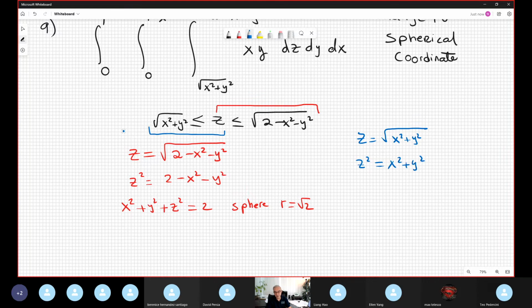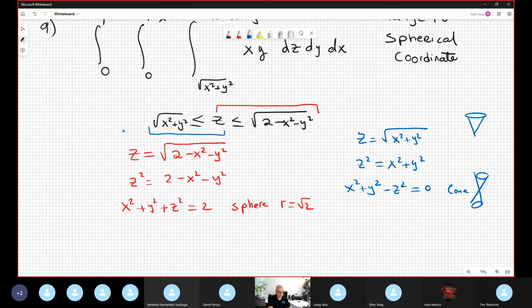You put in standard form, x squared plus y squared at the left hand side minus z squared equals 0. Wow, it's a cone. This is the double cone. However, in my problem, I know that it's only the upper cone because when I express it in explicit form, you take the positive sign of the square root, it's the upper.